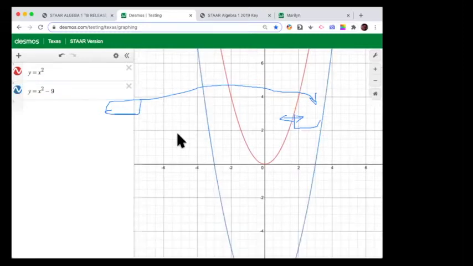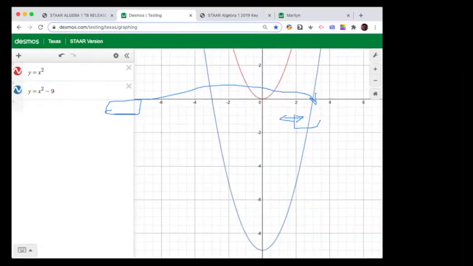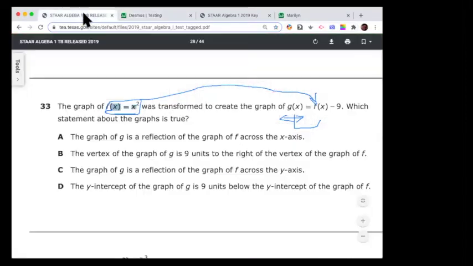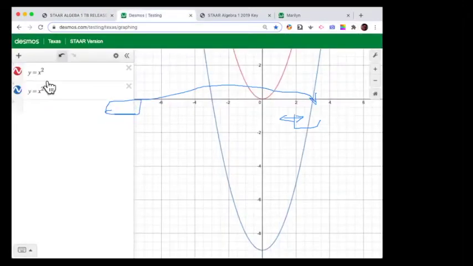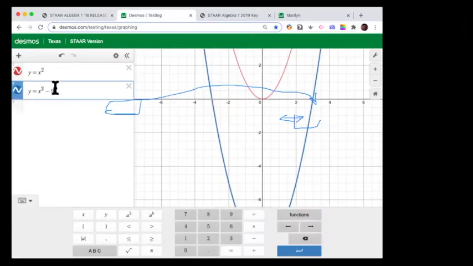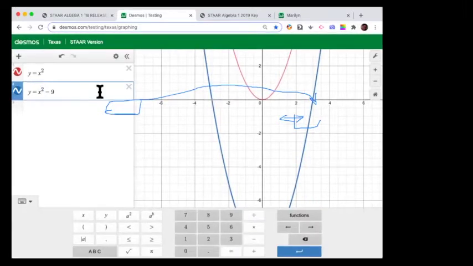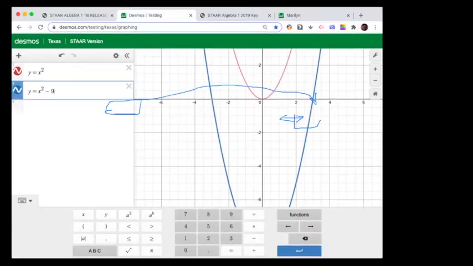Okay, so let's go down. All right, so we have another parabola. Let's make sure we copied it correctly. Function of x minus 9. That's how we read this chart, this information.